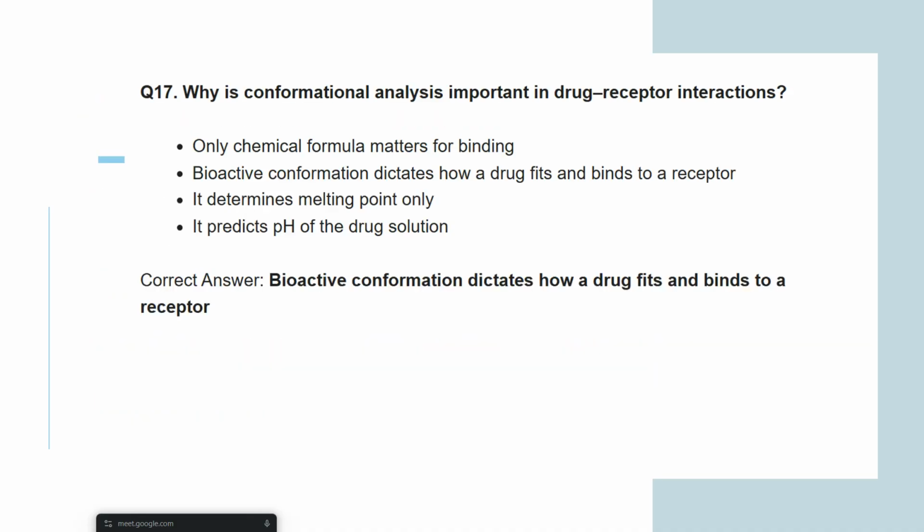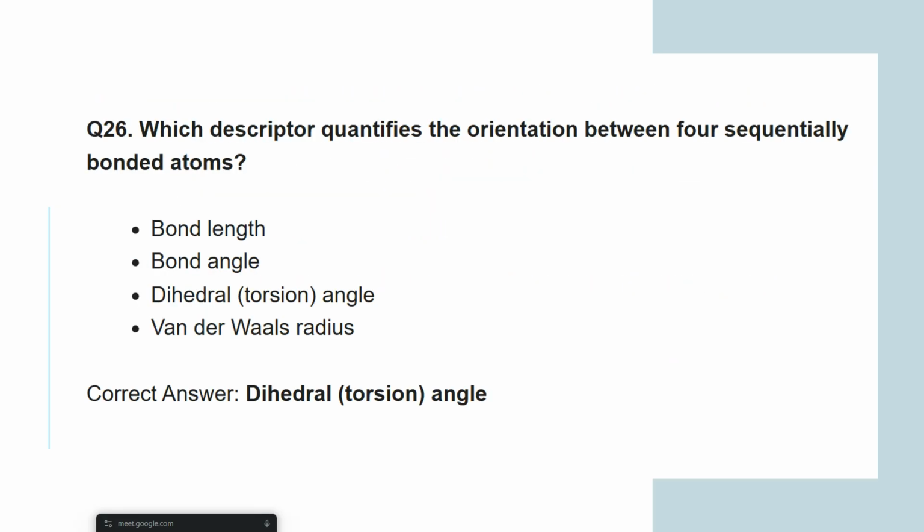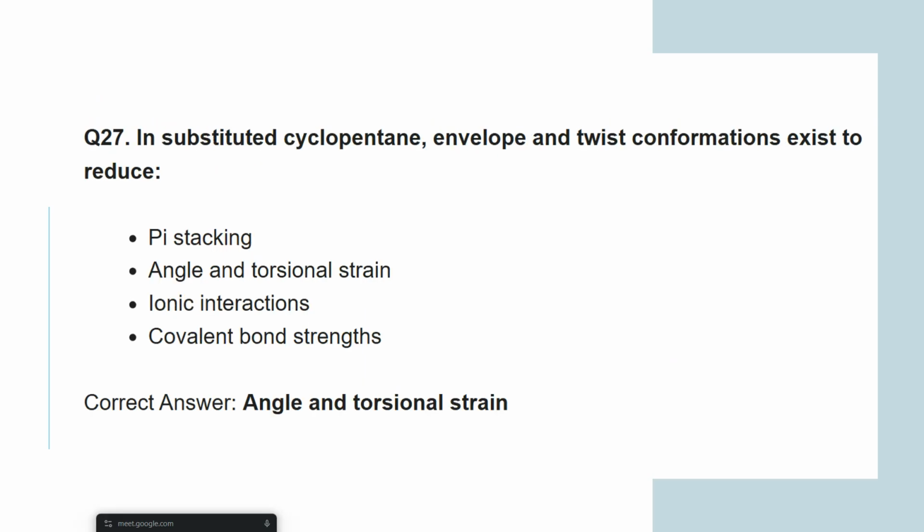After that, we solved these theoretical questions about conformational analysis. And we saw how bioactive conformation dictates how a drug fits and binds to a receptor. And we had also talked about dihedral angle and how in substituted cyclopentane, envelope and twist conformations exist to reduce angle and torsional strain.